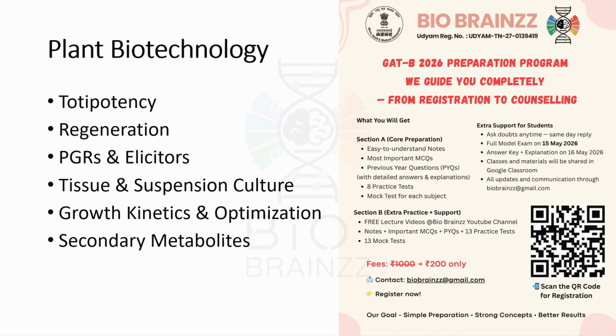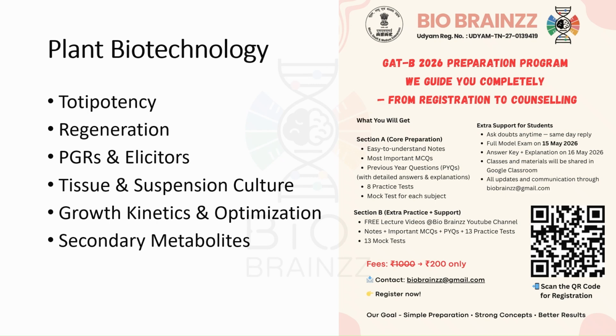This slide gives an overview of all topics in this unit, like totipotency, regeneration, PGRs, tissue culture, growth kinetics, and secondary metabolism. These are the core areas from which most GAT-B questions are asked.